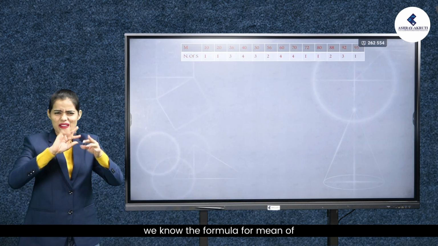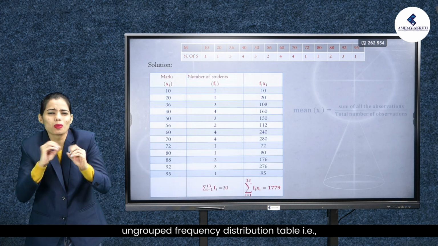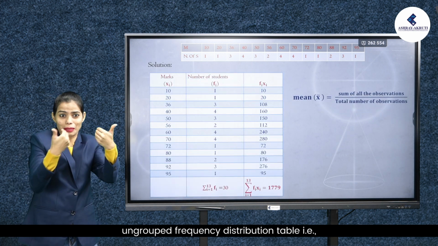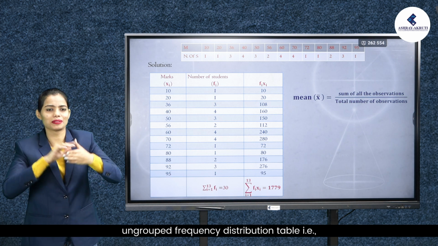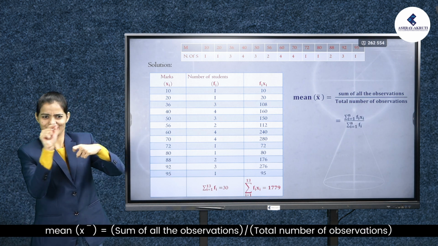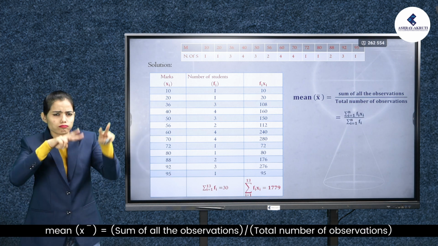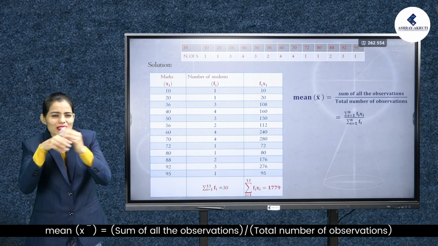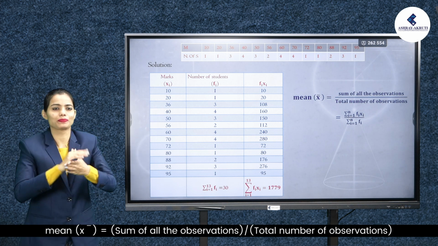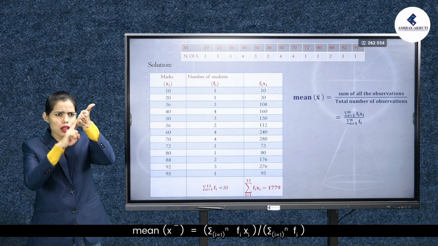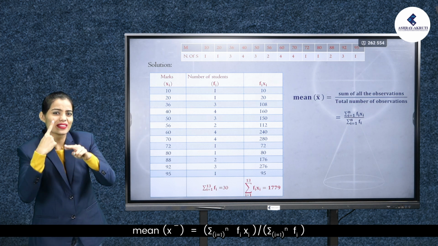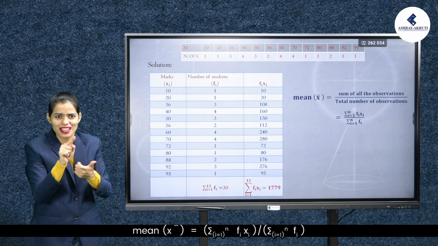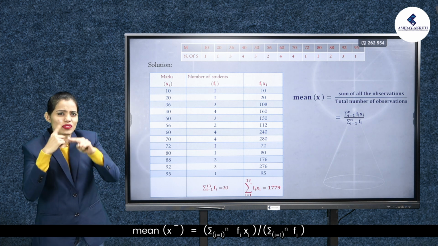We know the formula for the mean of an ungrouped frequency distribution table, that is, mean x bar is equal to sum of all the observations by total number of observations, which is summation of i is equal to 1 to n fi xi by summation of i is equal to 1 to n fi.